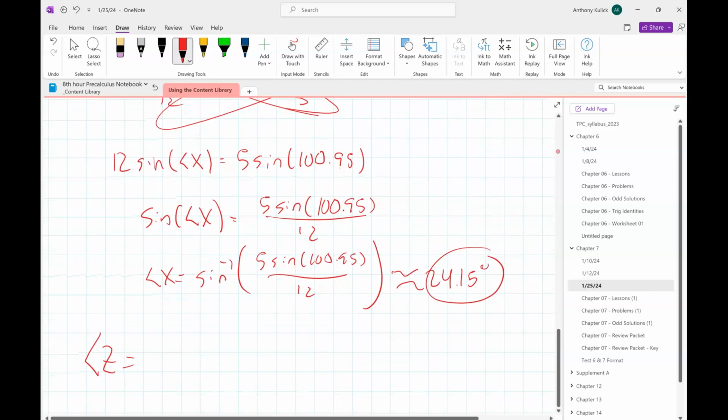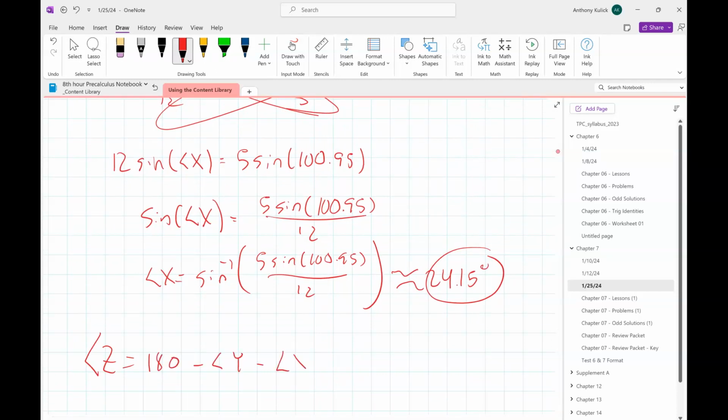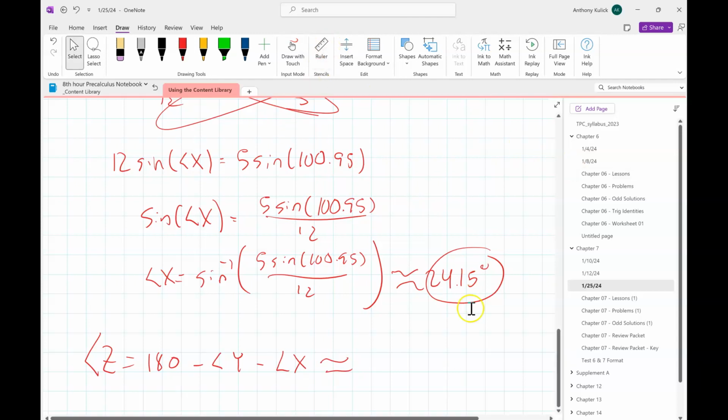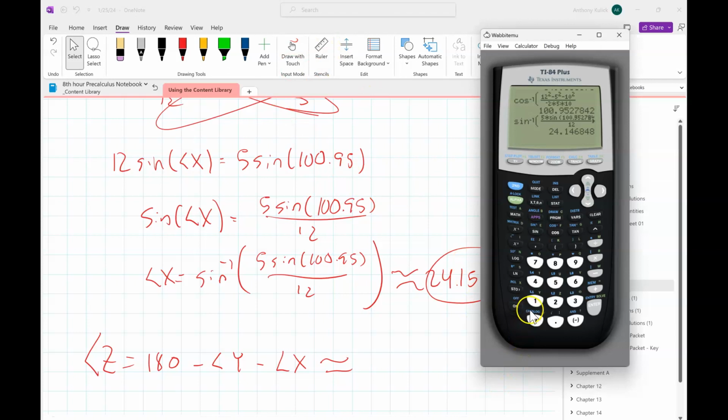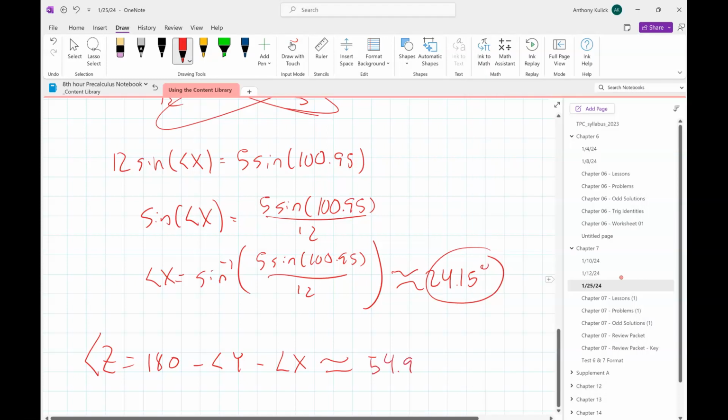And then angle Z, since I have 2 of the 3, I can just do 180 minus those other 2. And again, I'm not going to copy them. I'm just going to go up and grab them from my screen. And 54.90 is the other one.